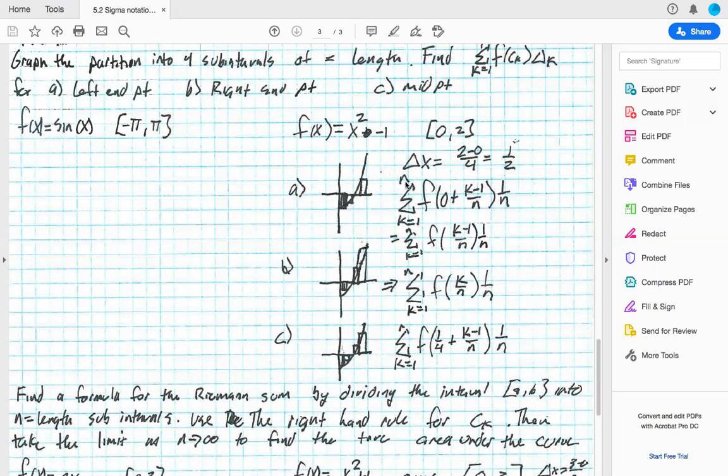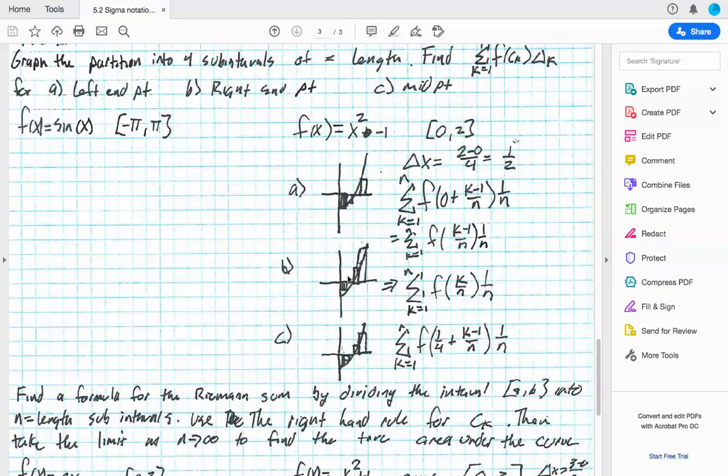I'm just doing these in terms of n subintervals. So our k times our 2 minus 0 would be a 2 there. The negative 1 here is going to counteract us being a right endpoint. So when we plug 1 in here, 1 minus 1 is 0, 0 over anything is 0, plus 0, 0. So we're starting at the left endpoint, at the letter A right here. So this really is a left endpoint version.